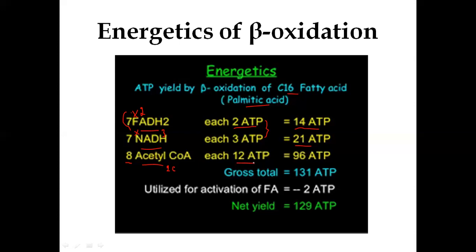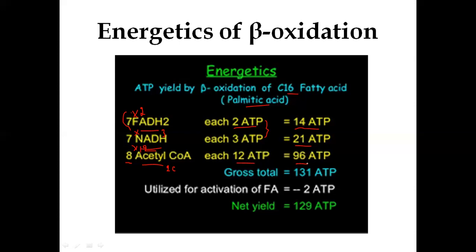When palmitic acid is oxidized by beta oxidation, it releases 8 molecules of acetyl CoA. So how many ATPs will be formed? It is 8 into 12. Why 12? Because each molecule of acetyl CoA releases 12 ATP molecules. So it will be 96 ATP molecules.